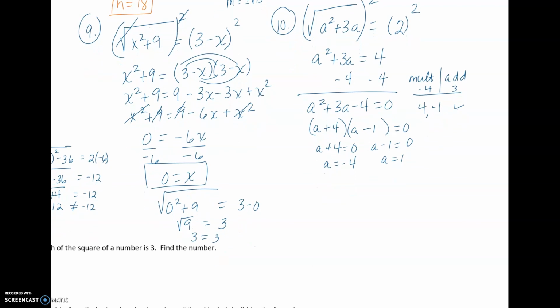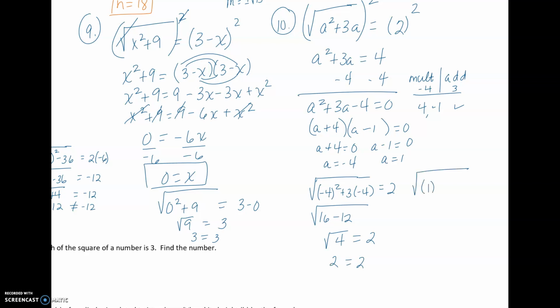We have to check these solutions. We'll start with negative 4. The square root of negative 4 squared plus 3 times negative 4 equals 2. Negative 4 squared is a positive 16 minus 12. And so when we do that, we get the square root of 4 equals 2. And is that true? Yes, it is. So let's try 1.